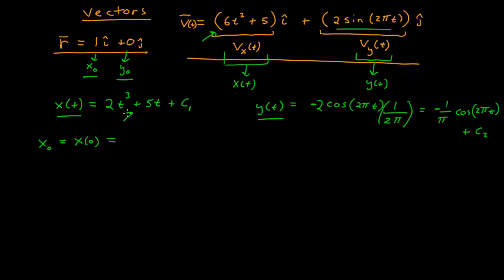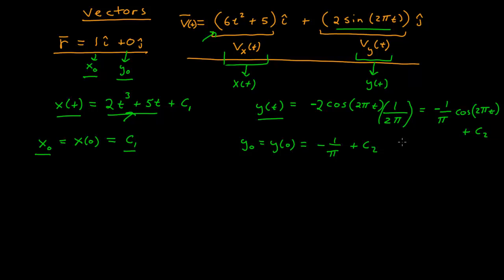And if I plug that into here, the t's are 0, and I just get c1, which is then my initial x position. For y naught, which is equal to y at t is equal to 0, if I put in t is equal to 0, I get cosine of 0, which is 1. So that's negative 1 over pi plus c2.